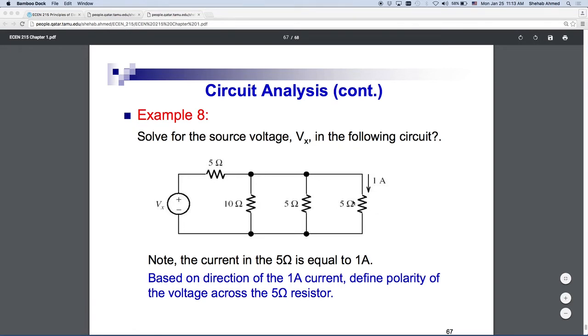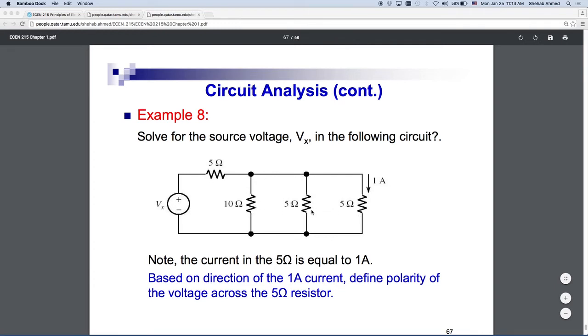So what is the voltage magnitude across these 3 resistors? Exactly. For all 3 elements, again, these are in parallel.